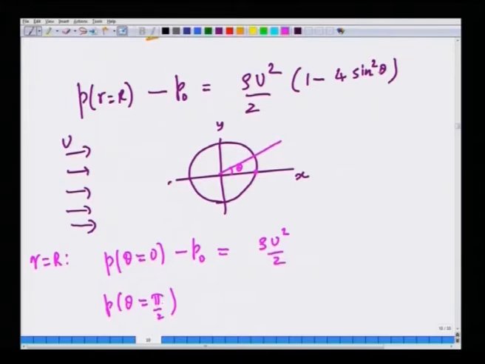When theta is pi by 2, sin theta is 1. So, this becomes 1 minus 4, which becomes negative compared to the free stream pressure.